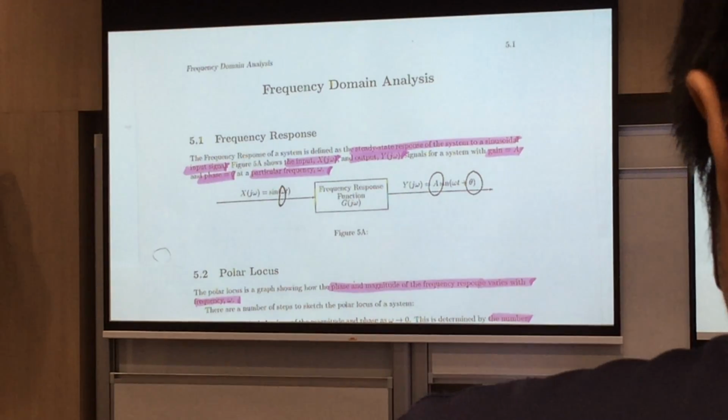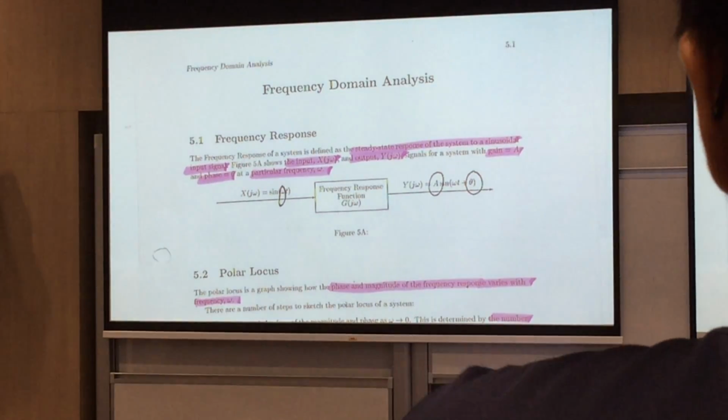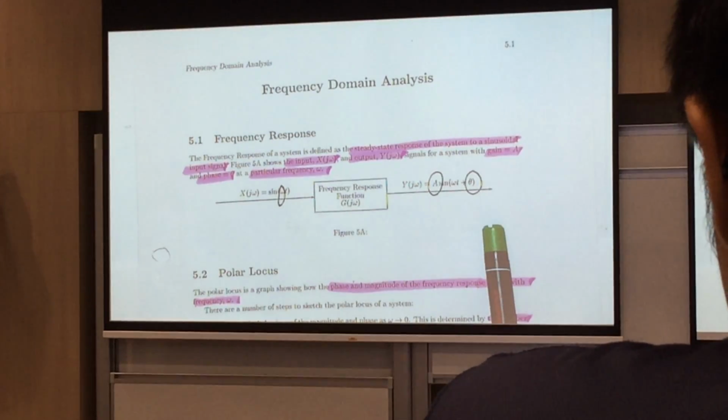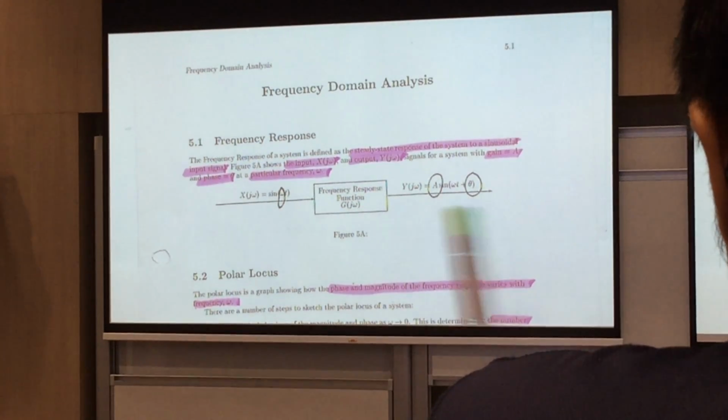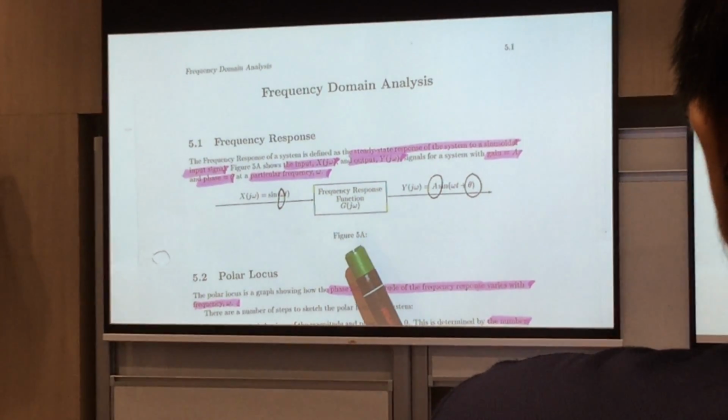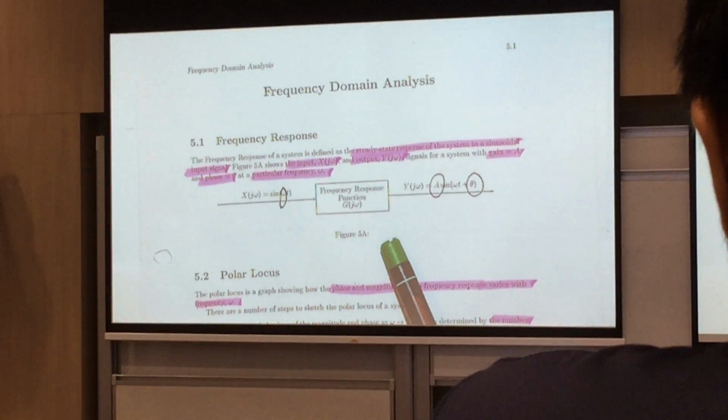So essentially, for us to be able to understand anything about the output, we must first be able to characterize the transfer function in terms of this gain and phase.